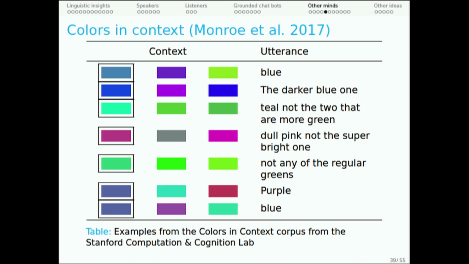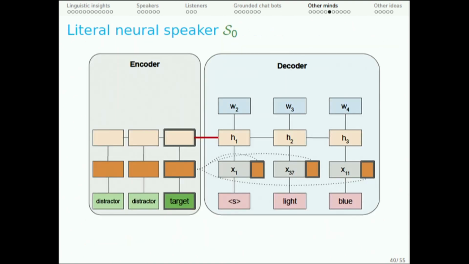The colors in context corpus is a setting in which we can think about this as a machine learning problem. It's too large for a hand-specified lexicon, but maybe we can think about the speakers and listeners I showed you before and whether they could solve this problem. So here's how this might go. The literal neural speaker is the one I showed you before. Let's call that S0. It consumes the context and produces a description, presumably of the target here.